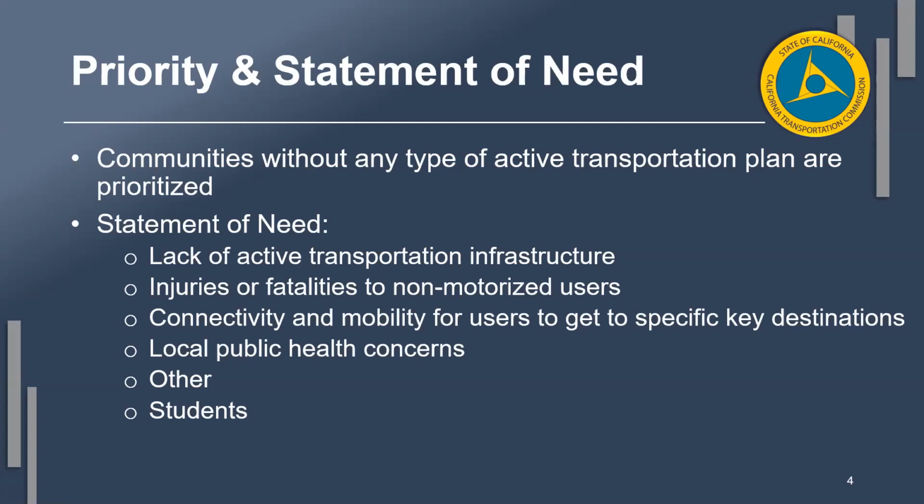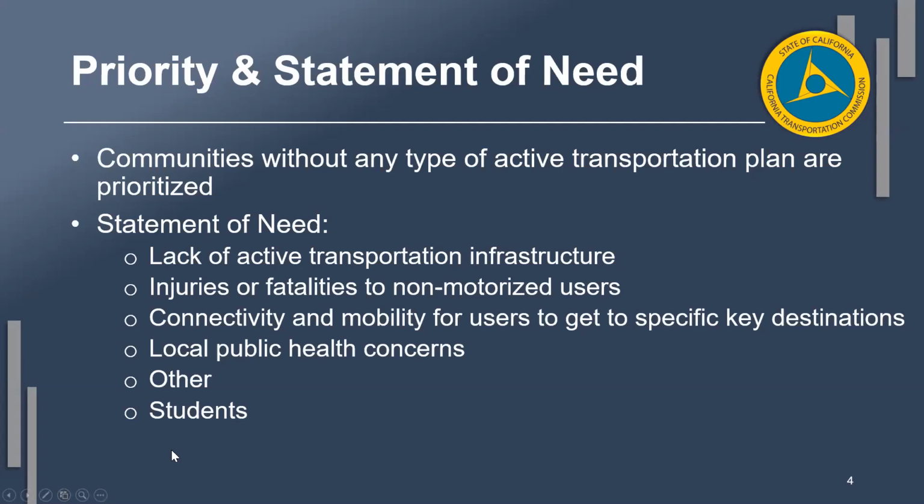With Part A, this subsection has set points based on if the applicant has a plan and how old that plan is. Communities without any type of active transportation plans are prioritized to ensure that the communities with the most need are prioritized.